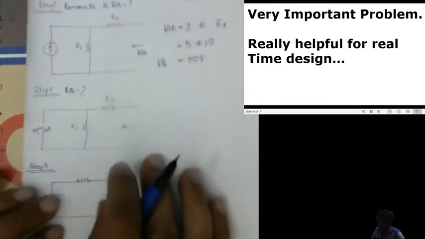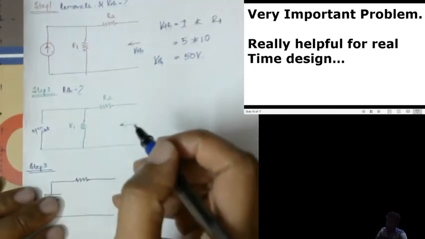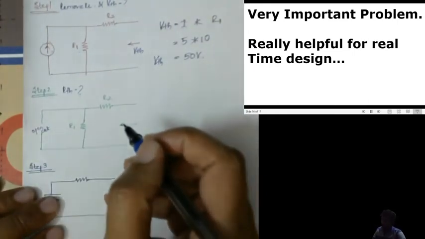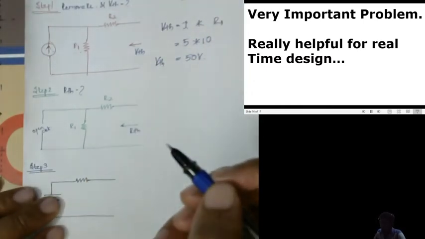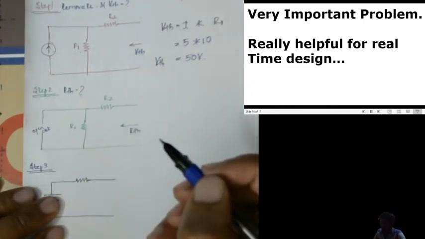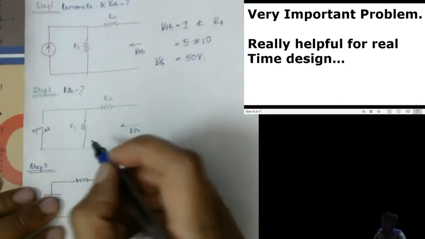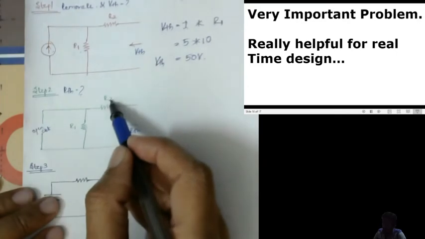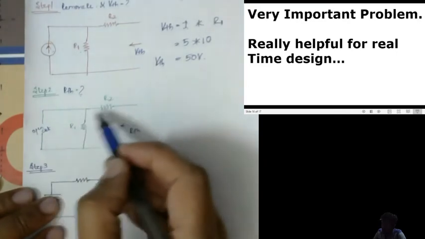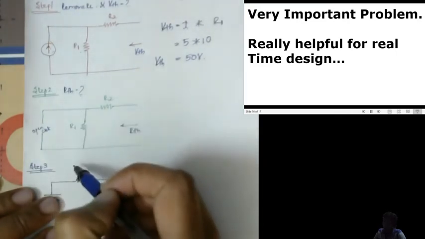Then you need to find RTH. Here R1 is there, R2 is there. Both R1 and R2 are connected in series.